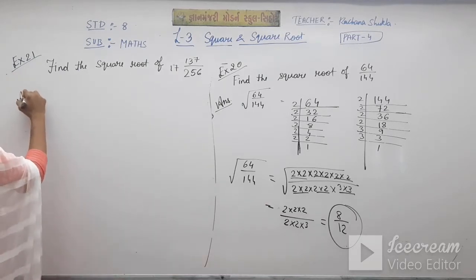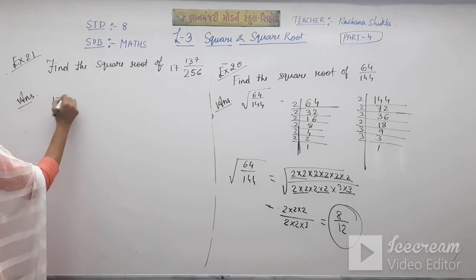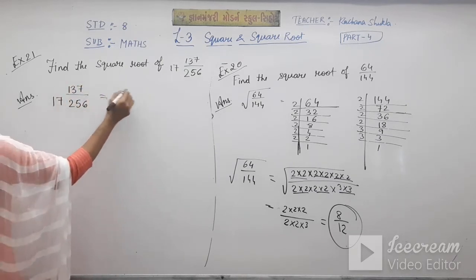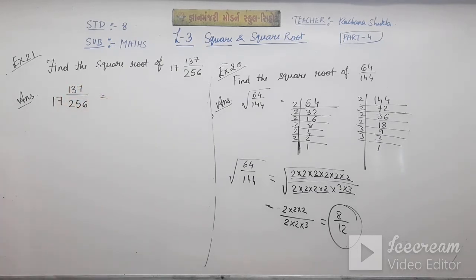So first of all you will convert 17 integer 137 upon 256 into a rational number. This is a mixed fraction, so convert it into a rational number. To convert it, we will multiply 256 into 17 and then add 137.